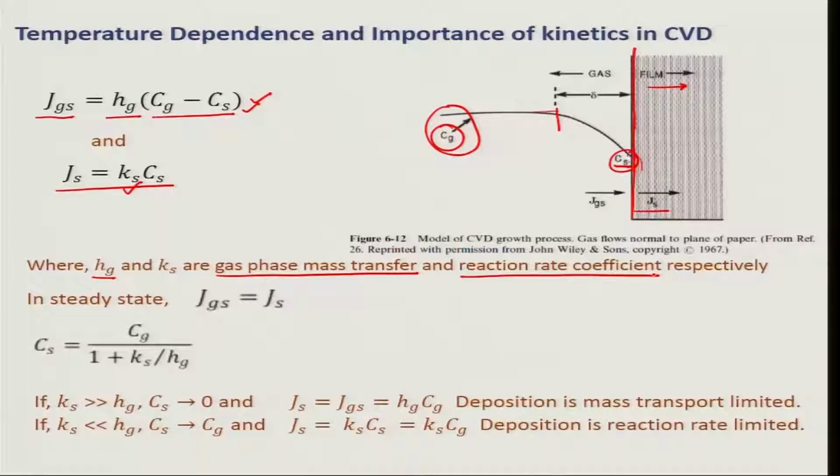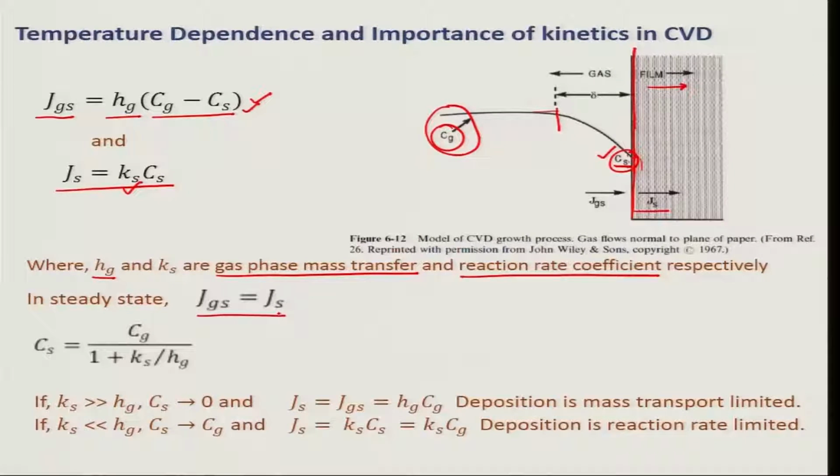So, how fast the thin film is growing, or the reactant is converting into thin film, will depend on the concentration at the surface and also the reaction rate. Now, in steady state, to avoid any buildup of concentration, both of these fluxes should be equal.